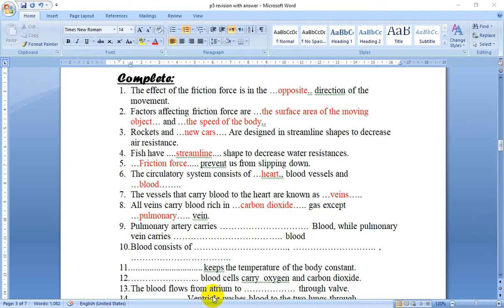While pulmonary veins, we know that all veins carry carbon dioxide except pulmonary veins, which carry oxygenated blood, that means blood rich in oxygen.